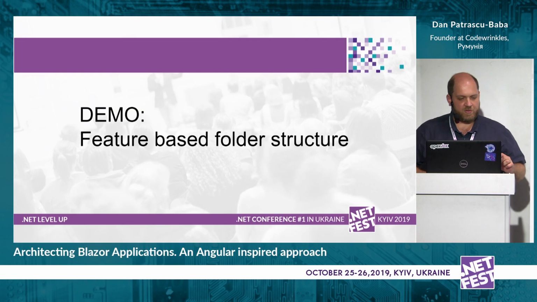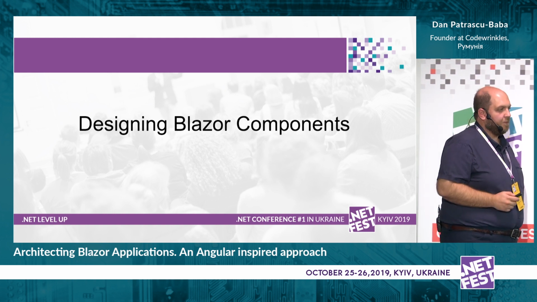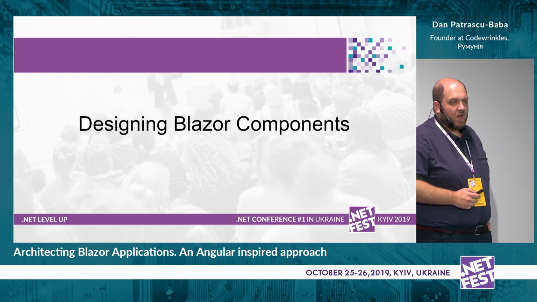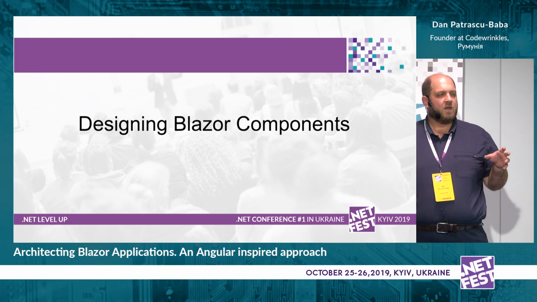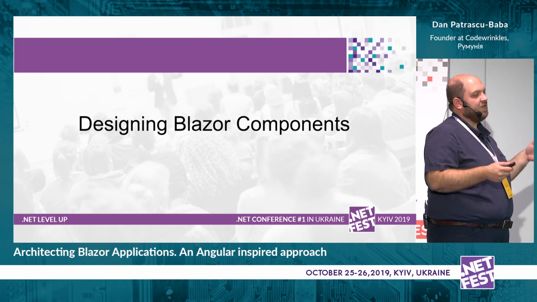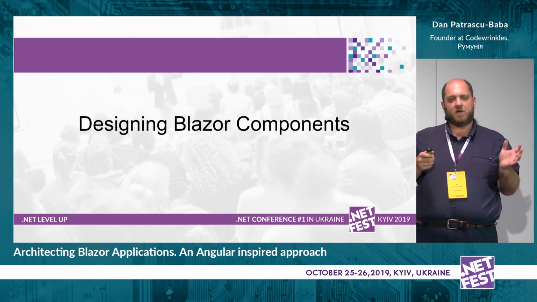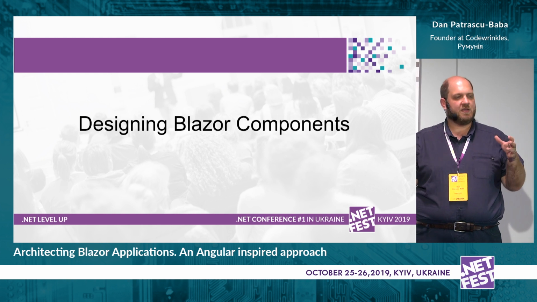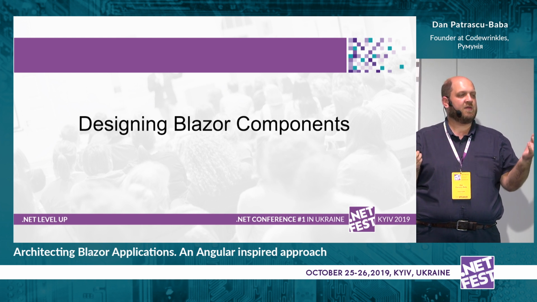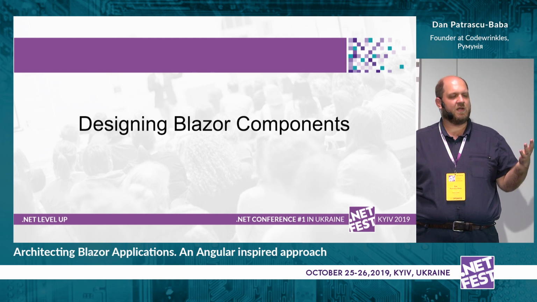Let's go one step further now and go into a second very, very important topic, and this is designing Blazor components. Components are really very important because they are the main focus of Blazor. Like we have components in Angular, in a similar way, we have components in Blazor. And the role of components in Blazor, similarly to what we have in Angular, is to basically group together markup and functionality. So we have on the one side things that are rendered, so things that will be our UI, but we want to have some code behind, some functionality, some logic that we will use.